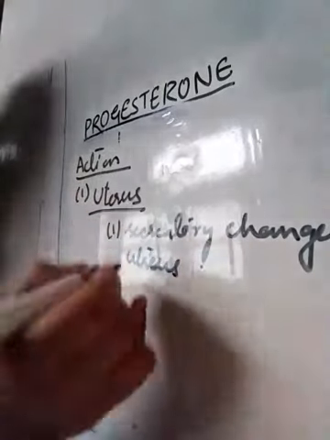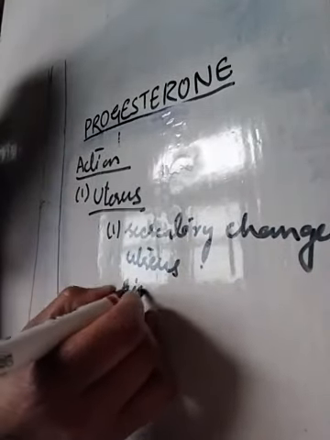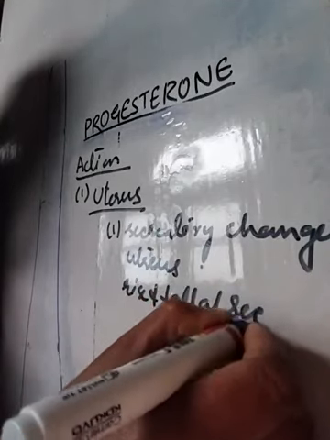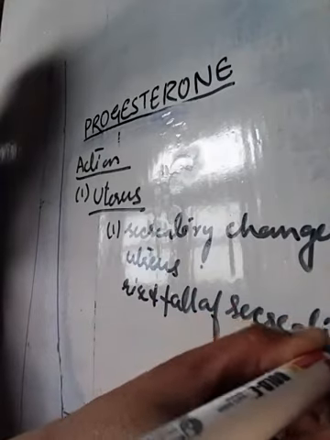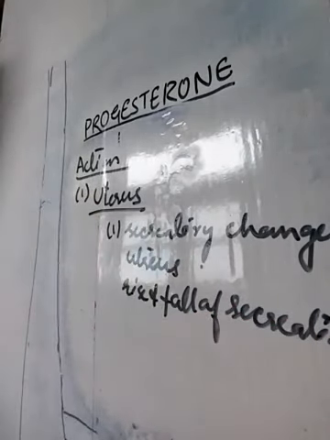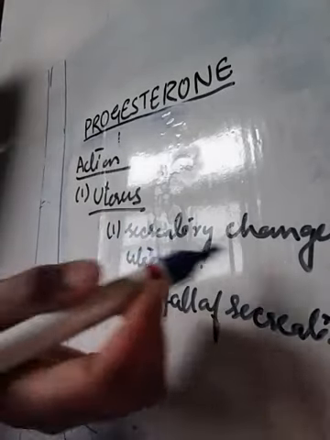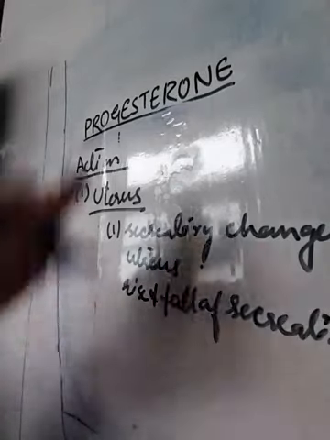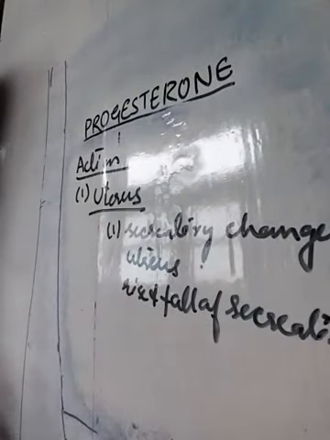Means it is responsible for rise and fall of secretions in uterus. Since it is the hormone which favors pregnancy, there occur a number of changes in the secretions of uterus. So this rise and fall of secretions is under the influence of progesterone.